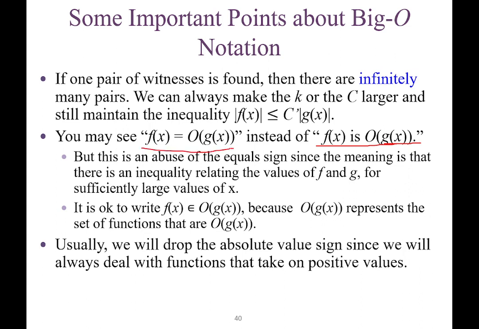If you write f of x equals big O of g of x, this is incorrect, because f of x is a function, but big O of g of x is a measurement of the growth of functions. So don't write equals directly, but you can write f of x is big O of g of x.